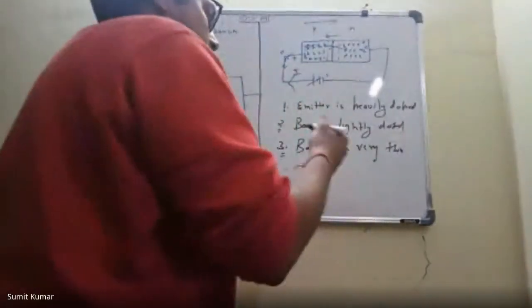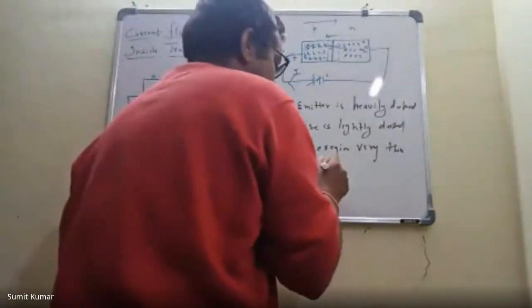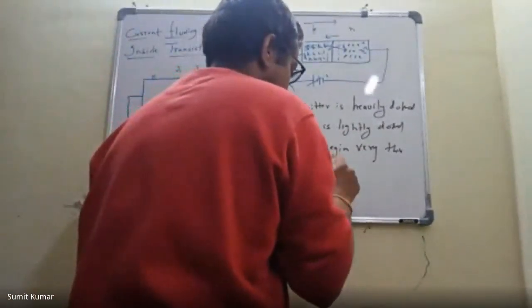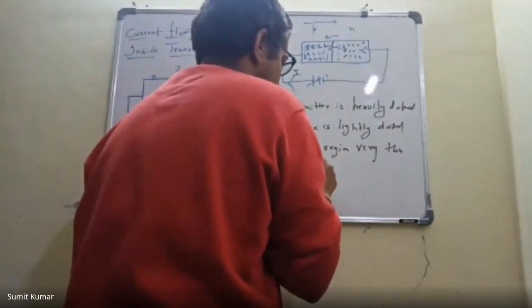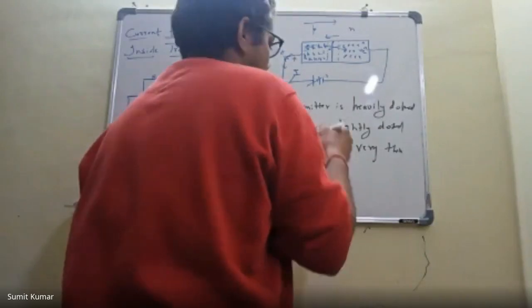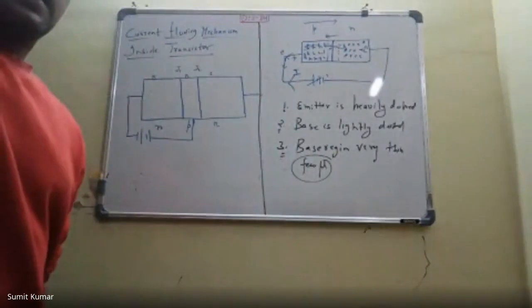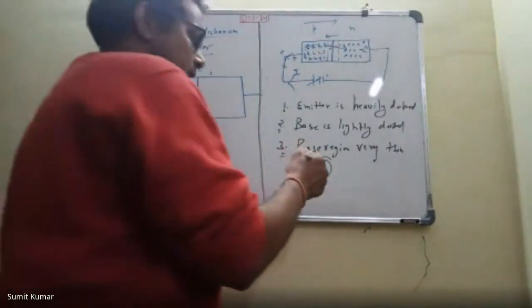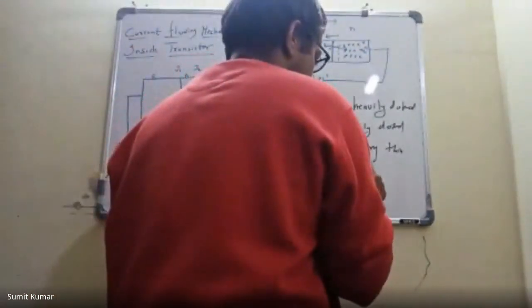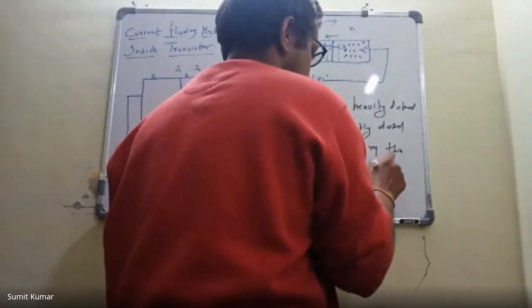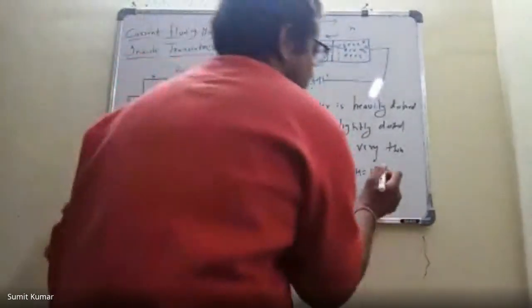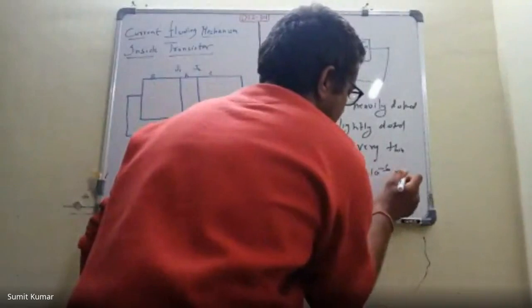In practice, it is of the order of a few microns, very few microns. And the widths of emitter and base are in tens and hundreds of microns. So you know that micron is the unit of distance, 10 raised to the power minus 6 meter. So this is very small.